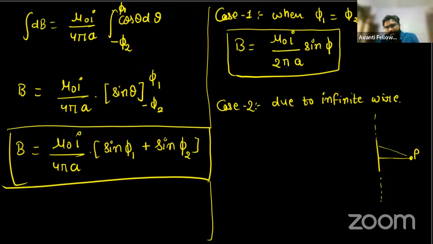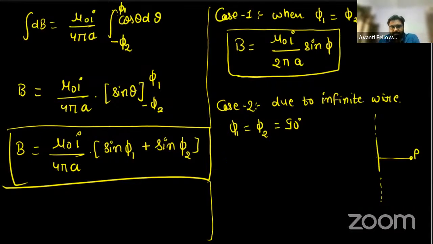If the angle keeps increasing, the final angle would be 90 degrees in both cases. So phi 1 and phi 2 become 90 degrees, because at infinity the vector r joining the current element to the point P becomes parallel to the line, and the angle becomes 90. This is an important case.